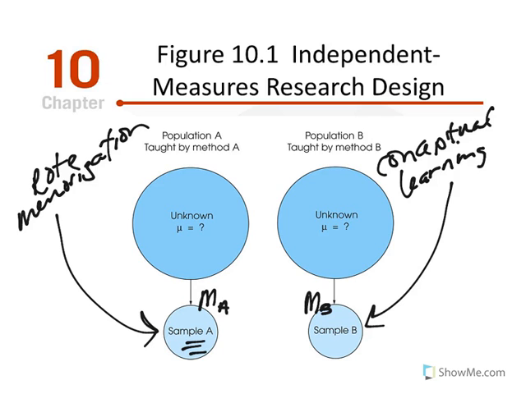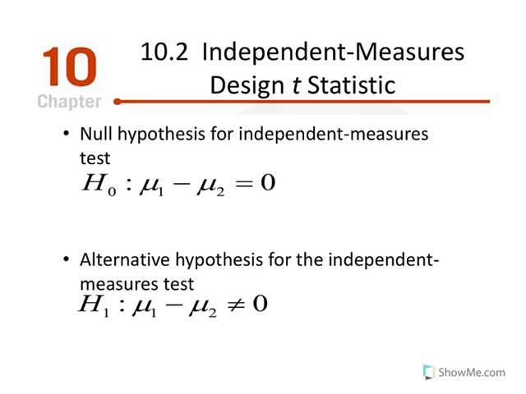And again, we're hoping to reject the idea that the null states that population 1 minus population 2 is equal to 0, that they would not be different from each other, and they would produce the same result in this case, on a math standardized test.